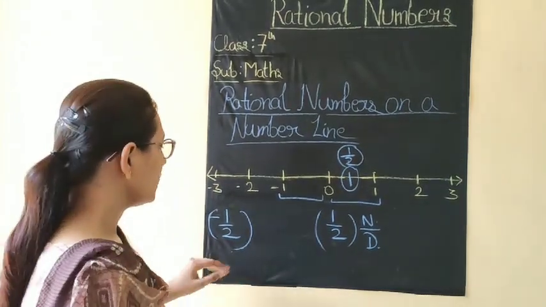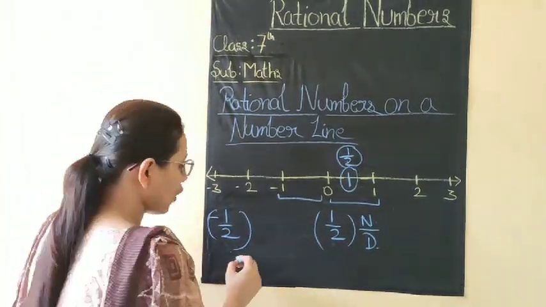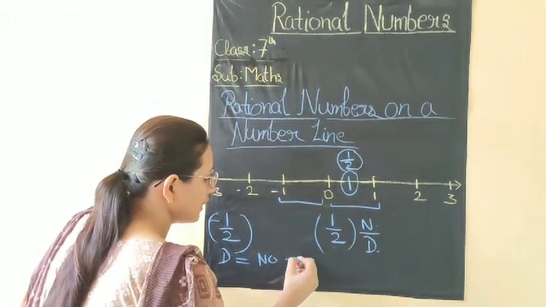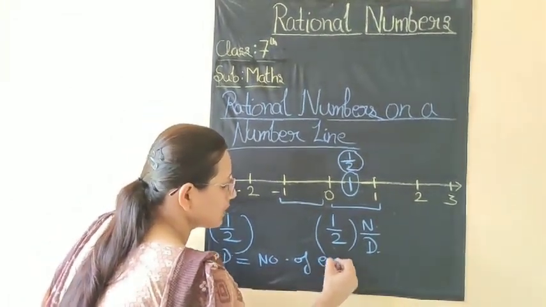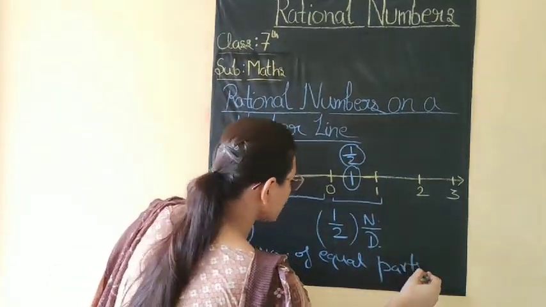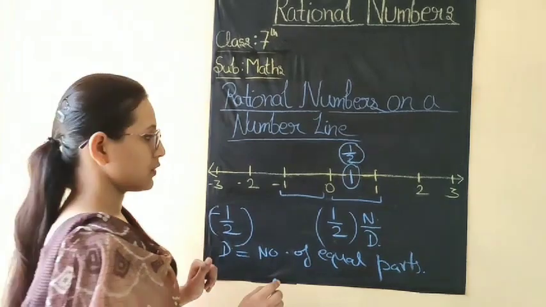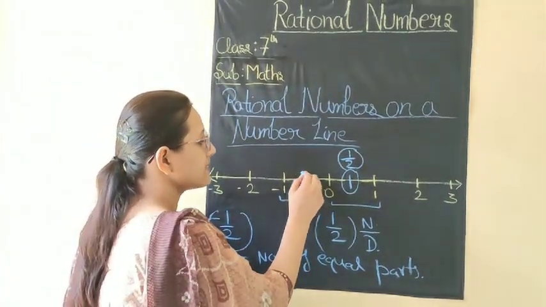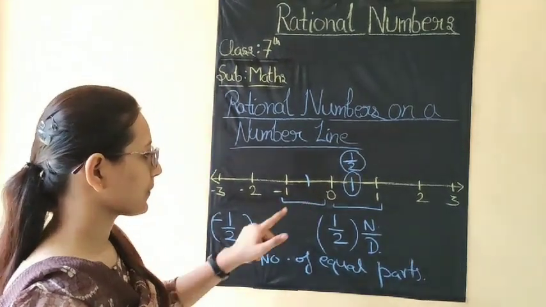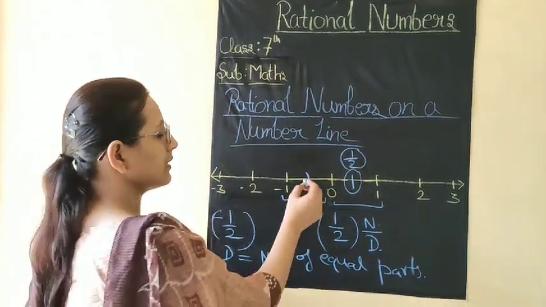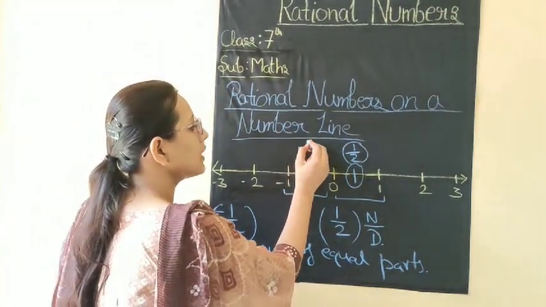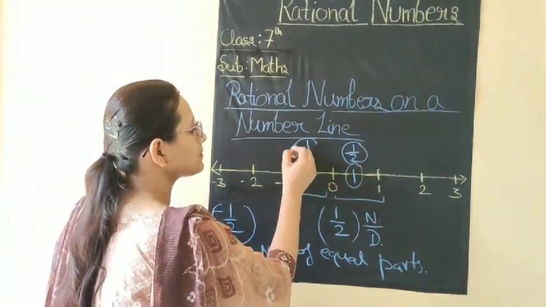And we know that the denominator tells us the number of equal parts. So how many equal parts? 2. So let us divide this between 2 equal parts, 1 and 2. And where does it lie? There. So we will mark minus 1 by 2 there.